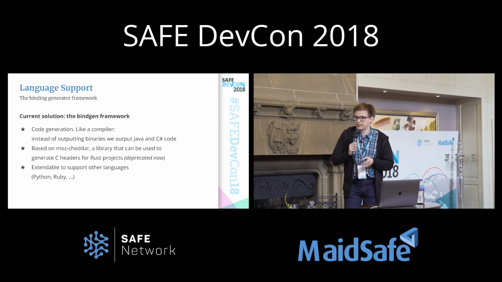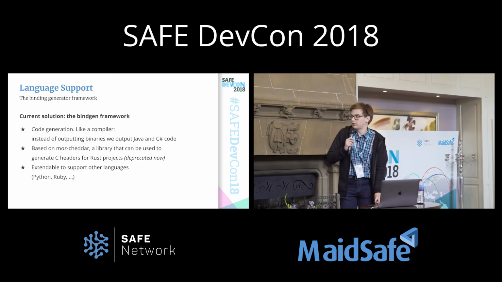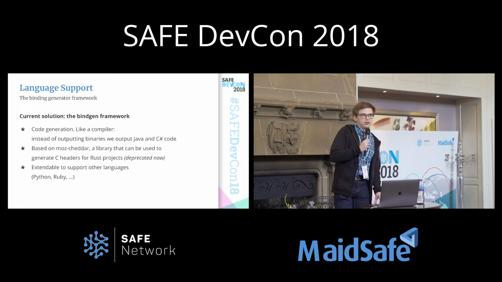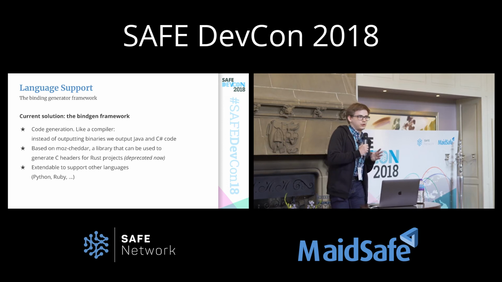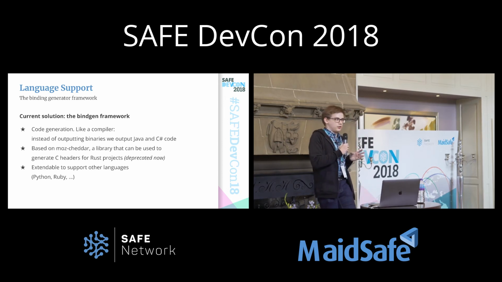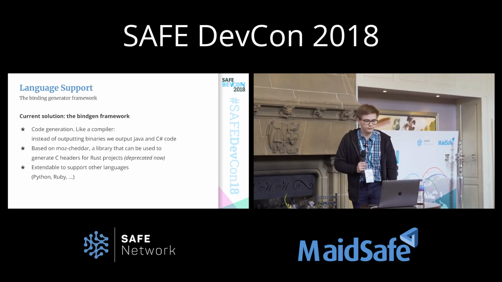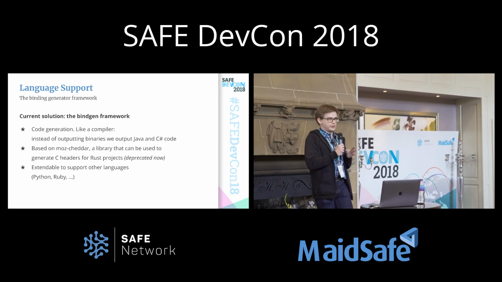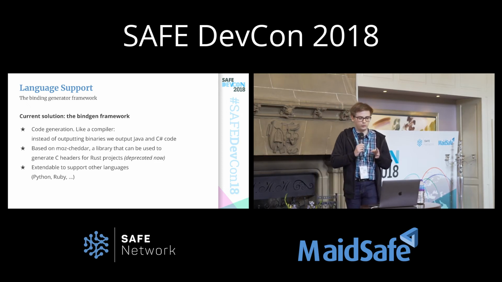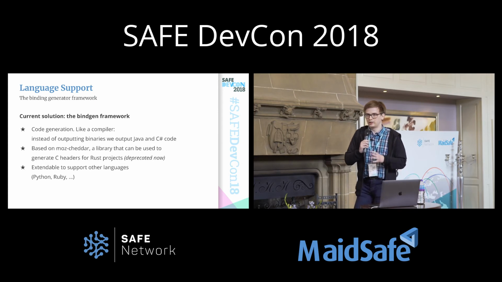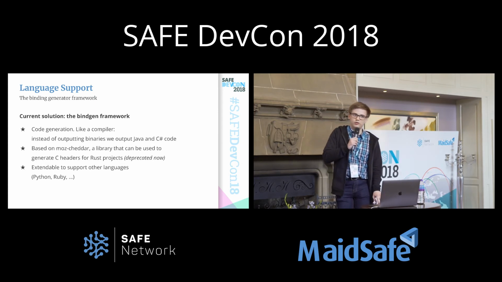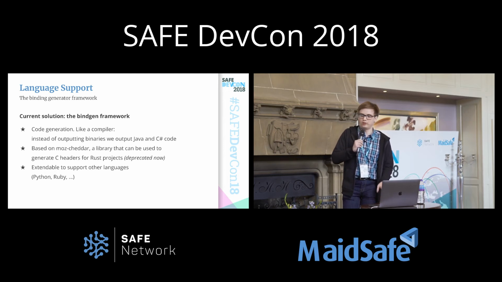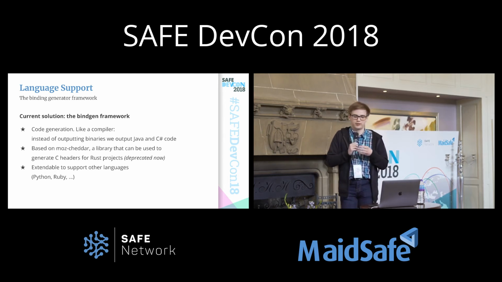So in the end, it works kind of like a compiler, but instead of outputting an executable binary or library, it produces Java code or C# code or anything you might want to have there. Now Moz-cheddar is deprecated, and it's not recommended to use it, but as we have refactored a major part of it, it started to be like our own library based on Moz-cheddar, so we intend to continue supporting that.